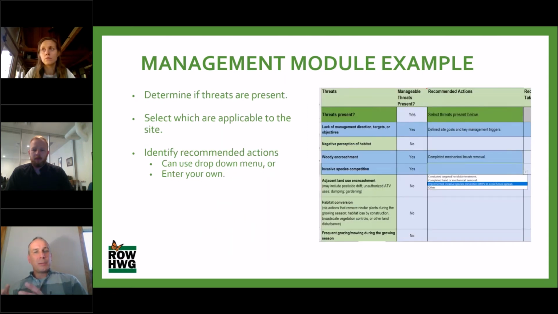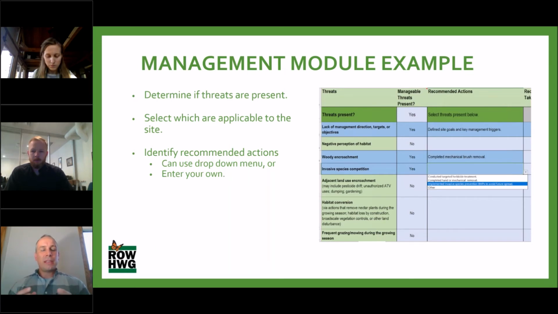So we want somebody who's knowledgeable of the site to then take what we have from the scorecard and that knowledge to then determine what threats are present at the site. So as I mentioned, there's threats and opportunities. And the way the module is broken up is that we look at each of those separately. And so we want to look and see if there's threats present at the site, and then within the module, select in that second column there, what manageable threats are present.